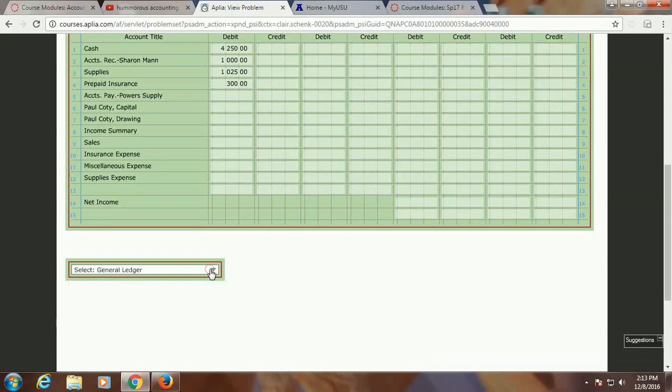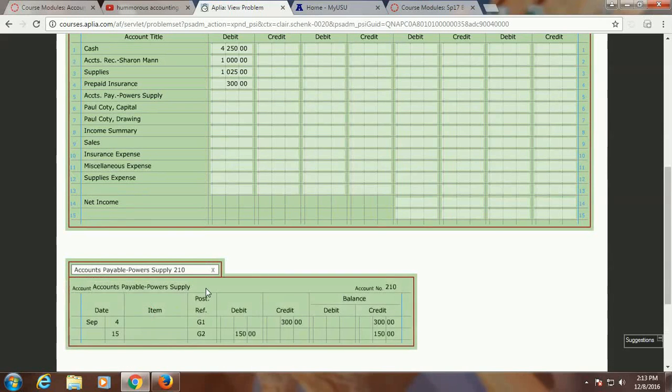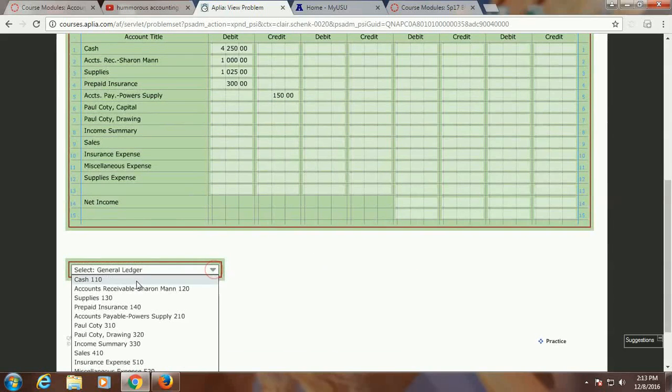So now I'm going to go to accounts payable, which is a liability account. It looks like that one's done correctly. 300 minus 150 is 150. So I'm going to put 150 on the worksheet's credit column for accounts payable, Power Supply. Let me open the next account, which is the capital.